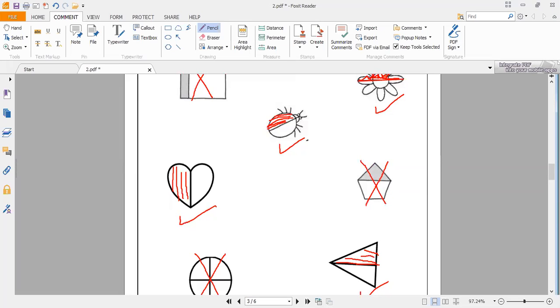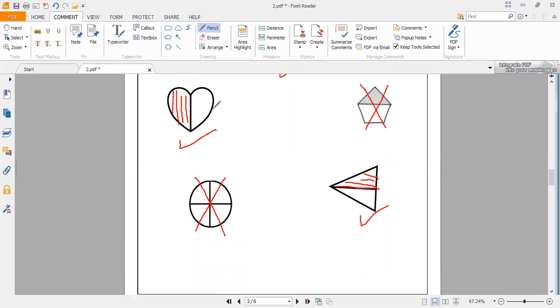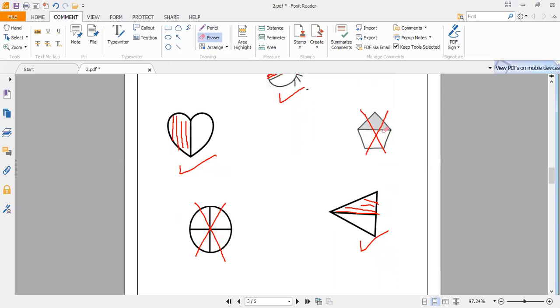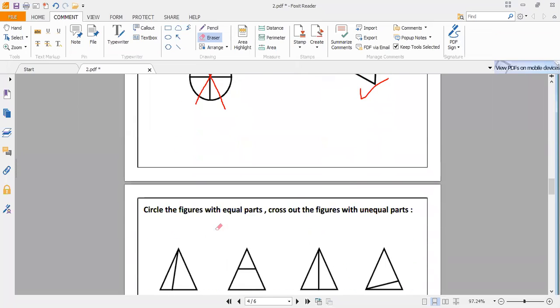Miss, the circle is literally half. The circle is half? They're equal, but they're not half. In the circle we have equal parts, but they're not half. They're fourths. We have four equal parts, not two equal parts. Okay? So this shape doesn't show the halves.